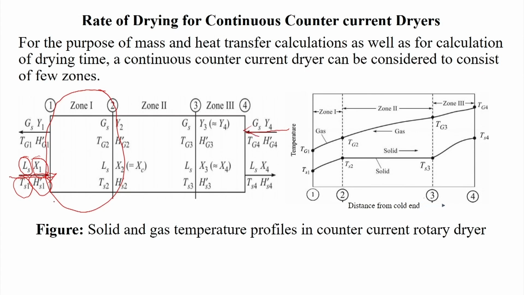Here you see the stations are like this: station 1, station 2, station 3 and station 4. So, from station 4, at the end of zone 3, drying air is entering with humidity Y4, temperature Tg4 and enthalpy value Hg4 prime.